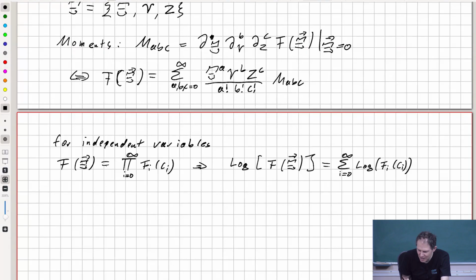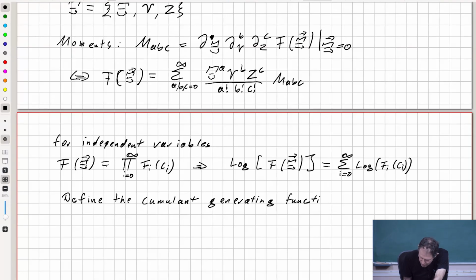So we now define the cumulant generating function as the logarithm of the moment generating function.